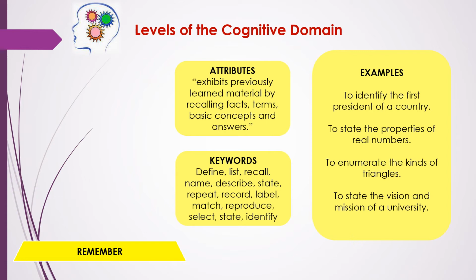Then, the next, to state the properties of real numbers. So, state. So, pag sinabi, sabihin, paano mo to gagawin ng estudyante? State, pwede kang magpa-recite out of this, di ba? So, let the students recite the properties of real numbers. And then, to enumerate the kinds of triangles.